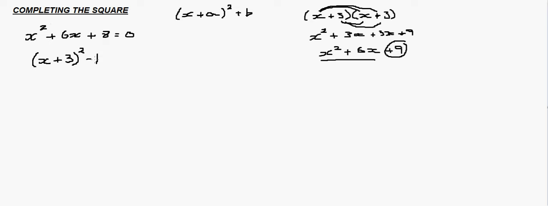Okay, so if I complete the square and I know that it gives me this here, then I know I need to subtract 1, and that will give me this equation back. So I can say that this equals 0. And as you can see, I've now put it in that form.